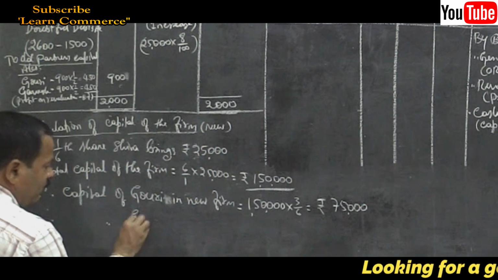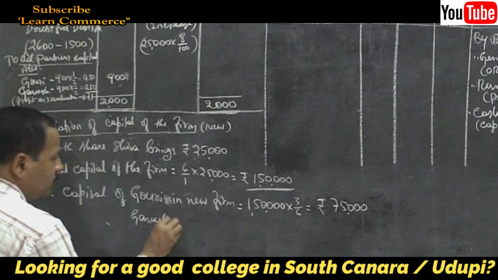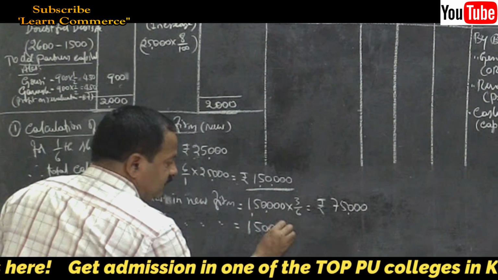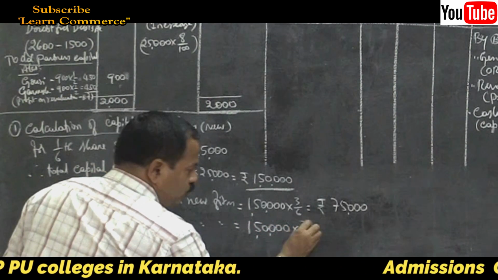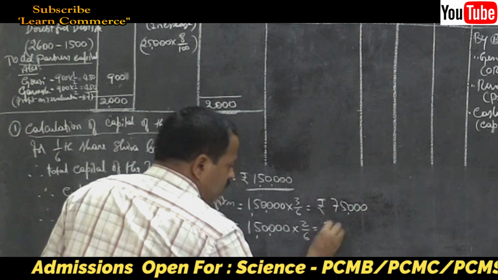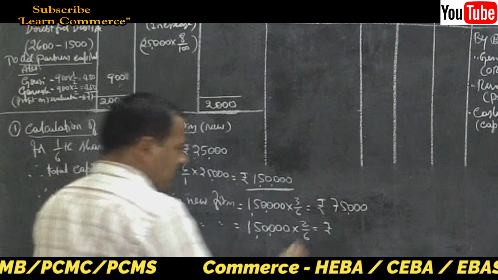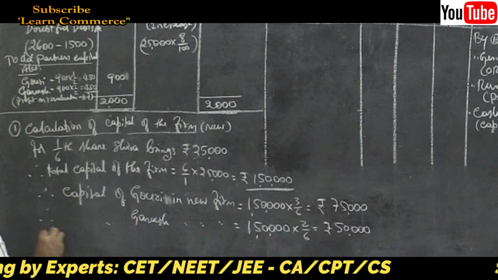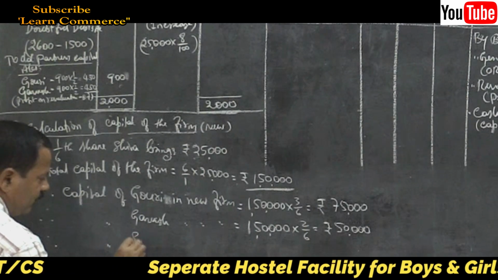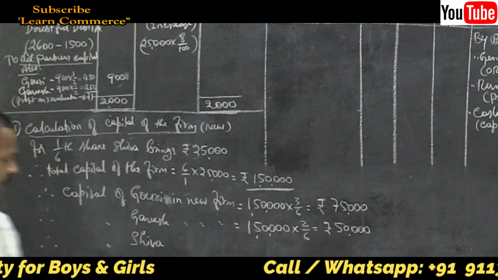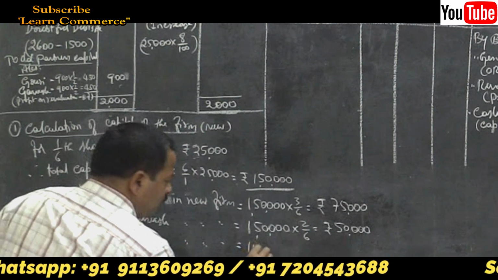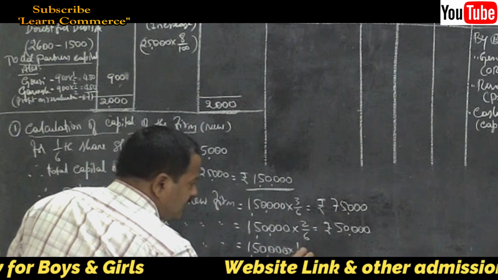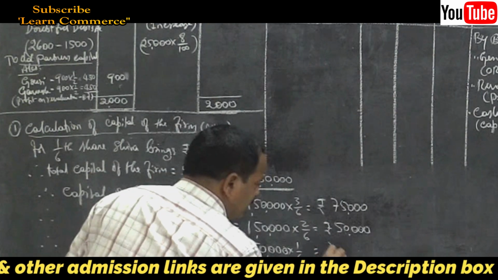Capital of Ganesh in the new firm is 1,50,000 into 2 by 6, which is rupees 50,000. Capital of Shiva, already given in the problem, is 1,50,000 into 1 by 6, rupees 25,000.